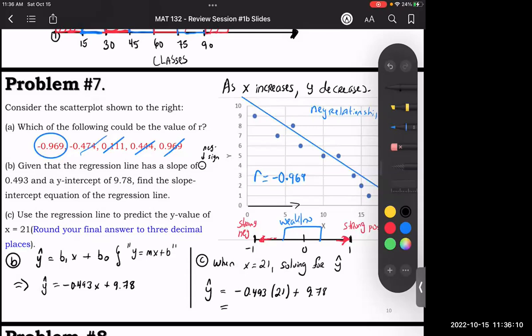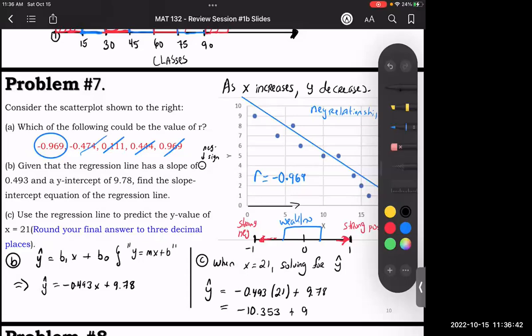So we can work this out one step at a time. You can take the negative number, that's your slope, and multiply it by 21, and then add that value to 9.78. If you did the multiplication correctly, you should have gotten something like negative 10.353.